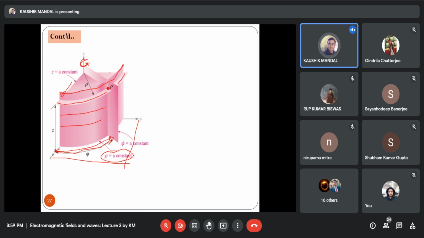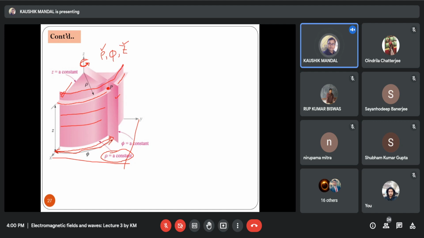So this particular point P is represented by rho, phi and Z. For a particular cylinder, rho is constant. The Z is also constant, and on this particular plane, phi is also a constant.